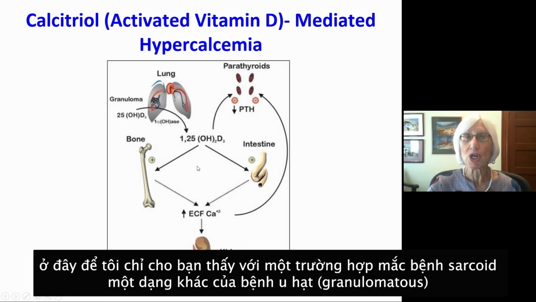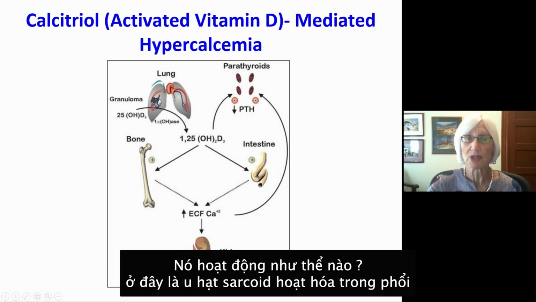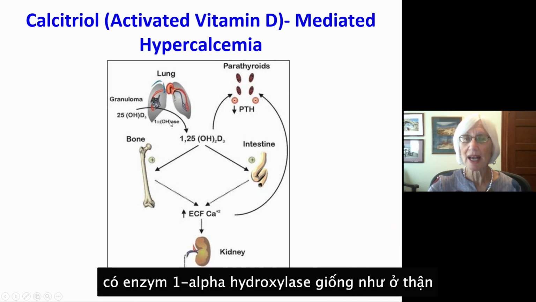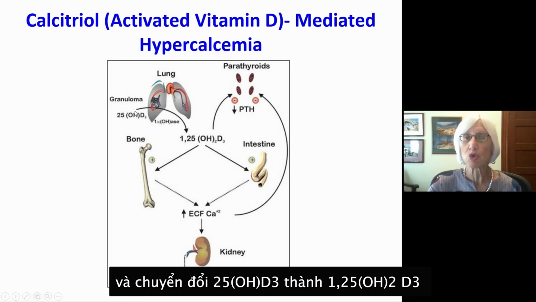Here, let me just show you with a case of sarcoid, another granulomatous disease, how this works. The activated sarcoid granuloma in the lungs has the 1-alpha hydroxylase enzyme, just like the kidneys, and converts 25 to 125D.